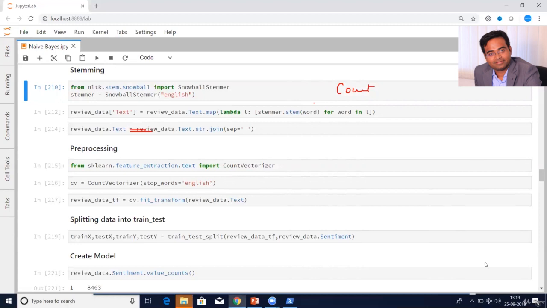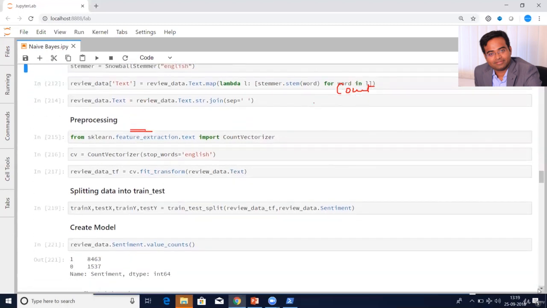Then you will be transforming your data using this count vectorizer. That's what we see, review data TF. It consists of a subset of the text, and it has converted the entire data into numbers. Each column represents some word, and the corresponding value would be the number of times that word appeared.